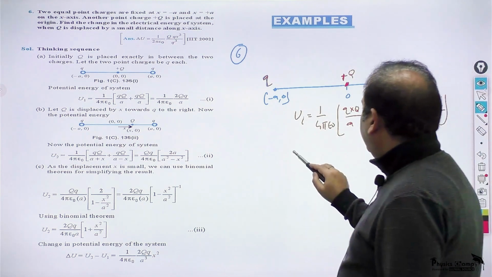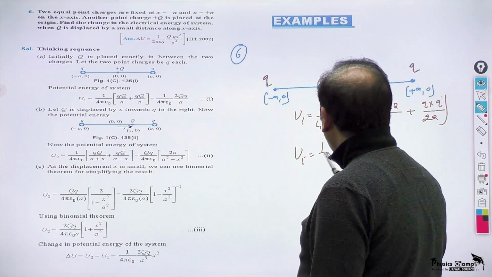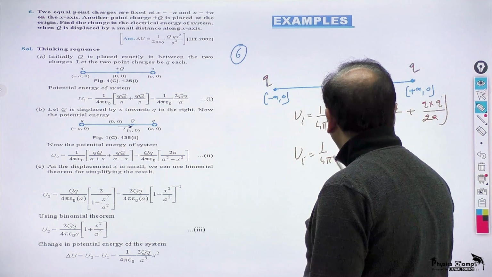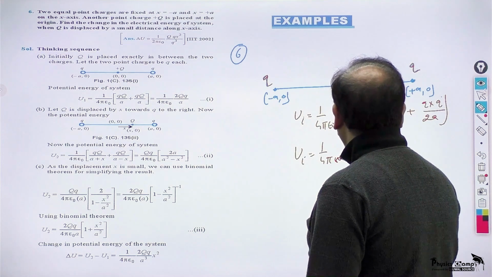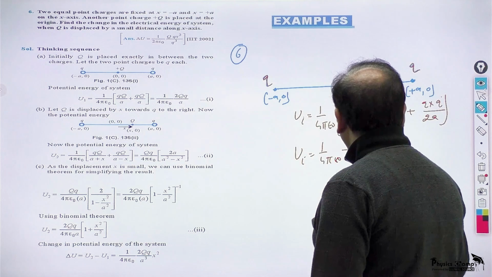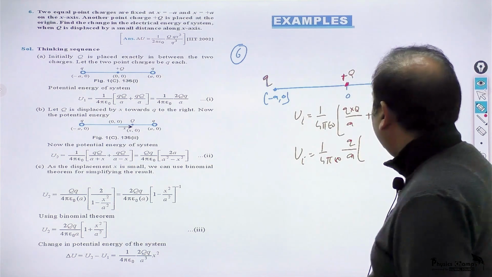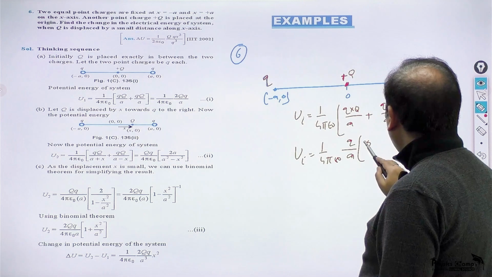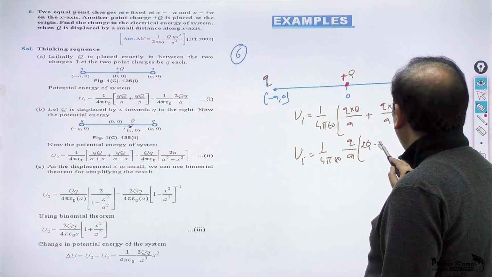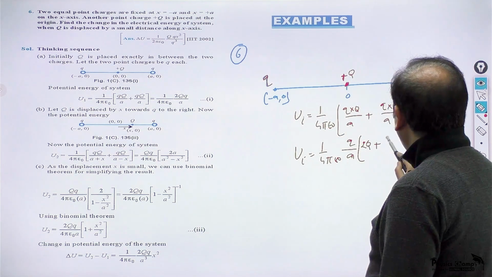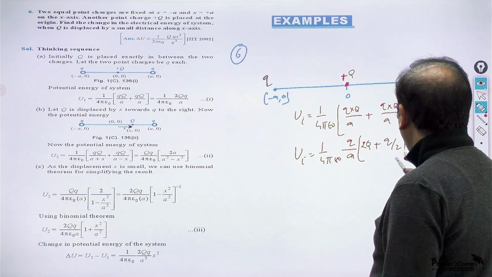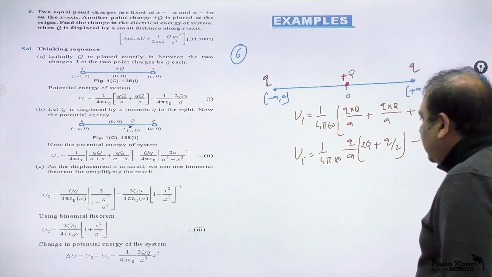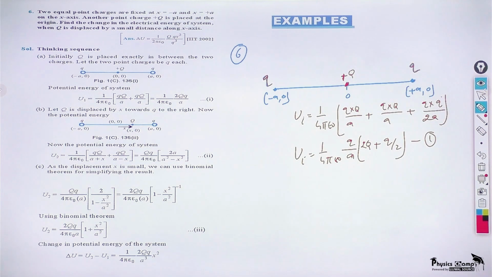So the initial potential energy at the moment is 1 by 4 pi epsilon naught, small q by a, which is common, and inside it will be 2 capital Q plus q by 2. This is the initial potential energy.